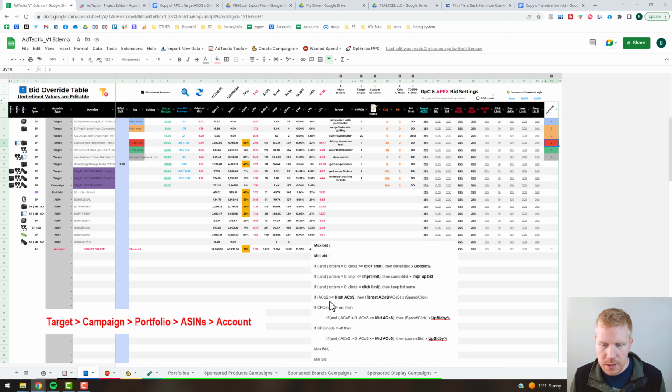So in this case, this row here, the current ACoS of the target, which is 52%, is greater than or equal to our high ACoS setting, which is 25% in this case, which is right there. Then you're going to take your target ACoS, which is 25%, and divide it by the ACoS of that target, which is 52%. Then you multiply that by the cost per click, which in this case is $2.05, and you're going to get a bid of 99 cents.